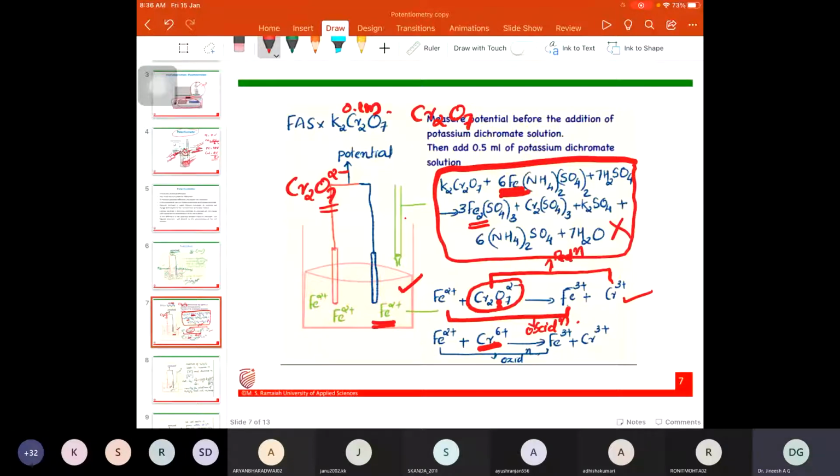I will explain in a better way. Potassium dichromate, right? +1 potassium, -2 oxygen. Total charge 0.